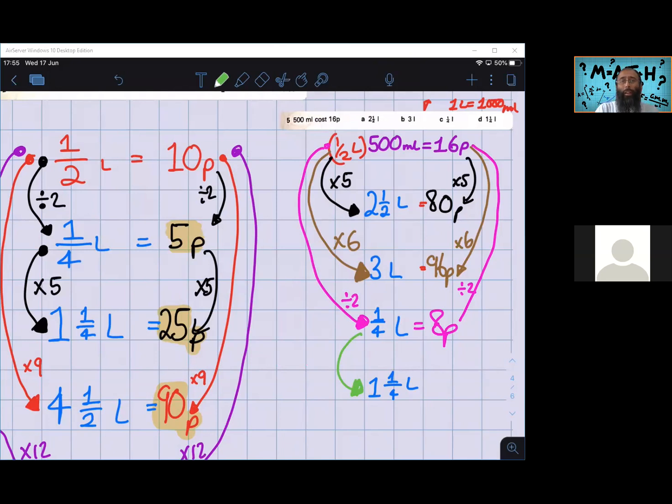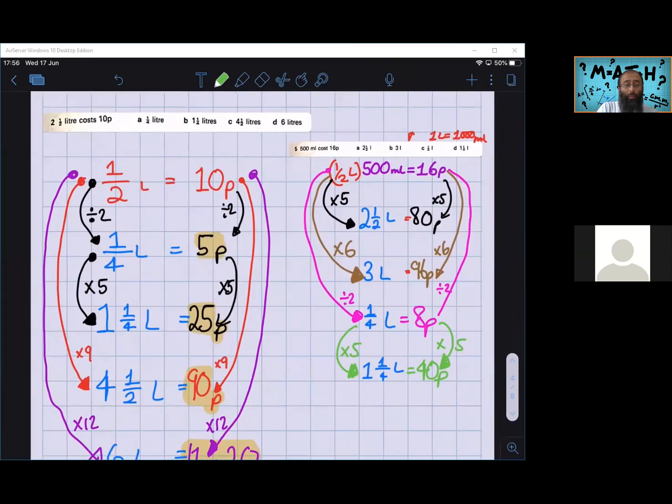So in 1.25 there are 5 quarters. So you multiply the top number by 5, and what you do on the left, you do on the right. So 8 times by 5 is equal to? 40.